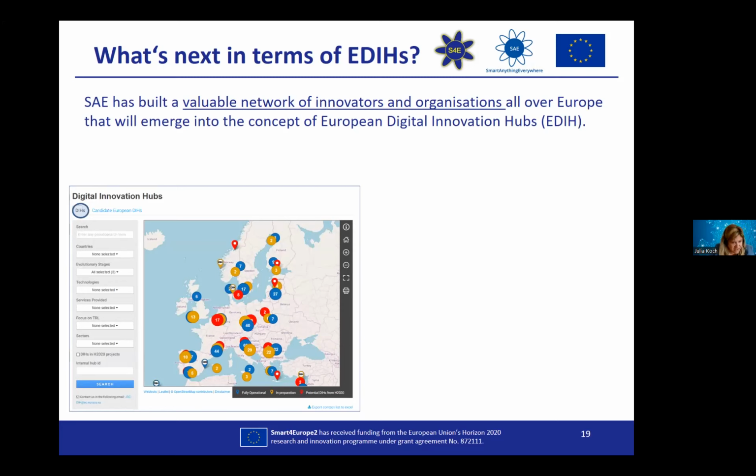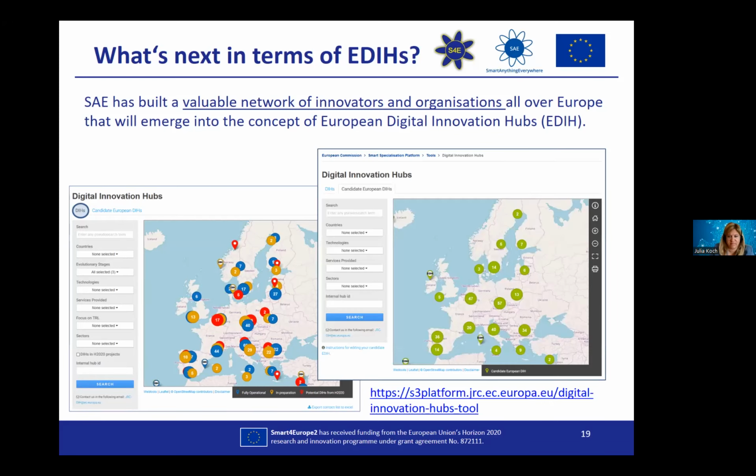So we have the DIHs that were engaged in one or more projects. And then you can also see the candidate European DIHs, which were pre-selected and then selected just a few weeks ago. Many of the project partners from Innovation Actions, but also the Coordination Action Smart for Europe 2, will further collaborate within an EDIH.